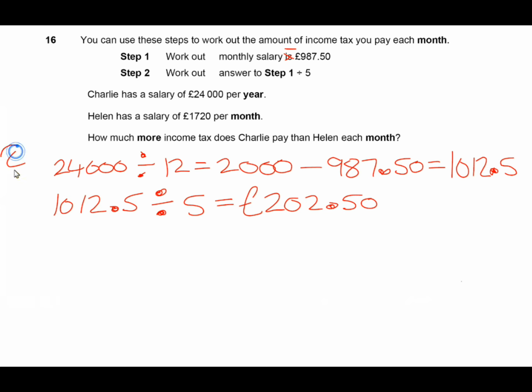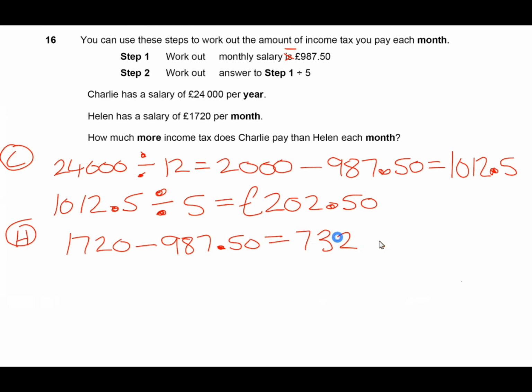So that's Charlie. Now let's do Helen. Helen gets £1,720 a month, and we need to take away £987.50 from her monthly wage. So that's £732.50 that she has left every month.